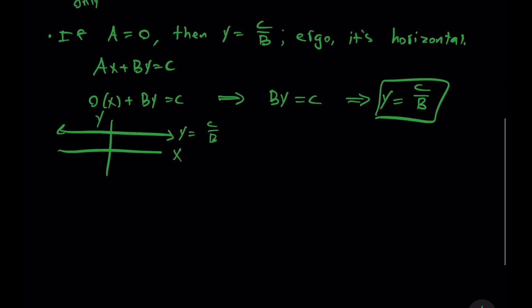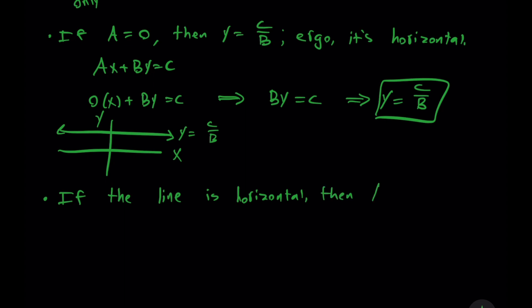But then we have to prove the converse of that. In other words, if the line is horizontal, then a is equal to 0. So we have to prove that.